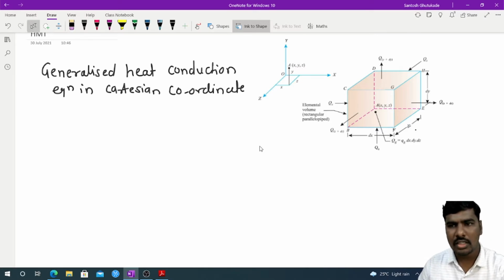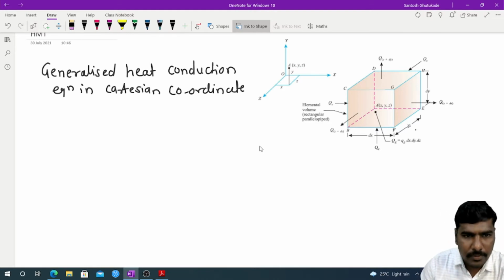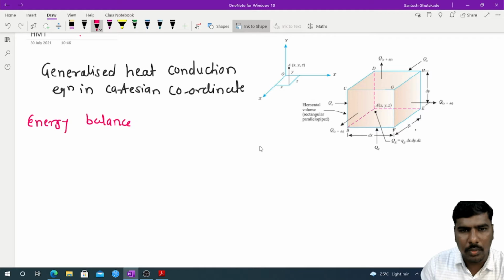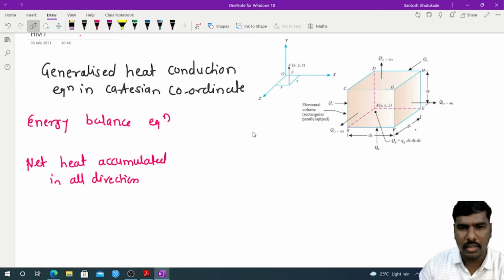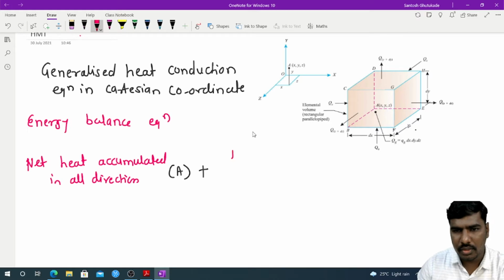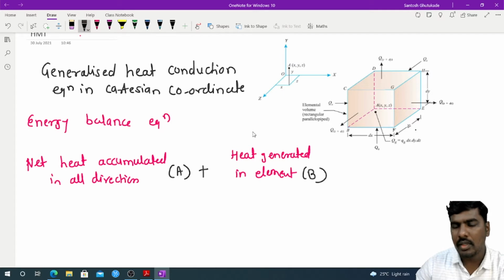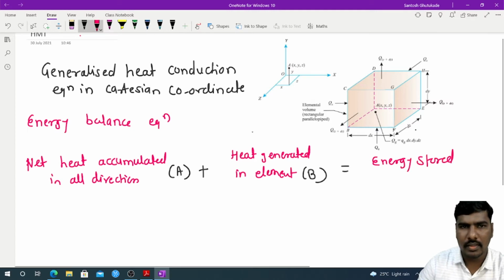The energy balance equation is: net heat accumulated in all directions, that is, in the x, y, and z directions, which we call part A, plus heat generated in the volume element, which is part B, is equal to total energy stored, which is part C.